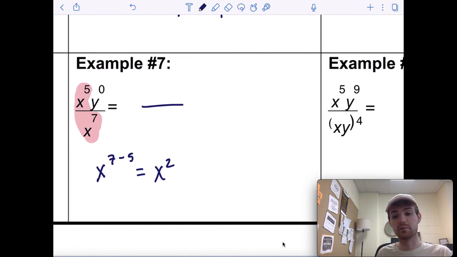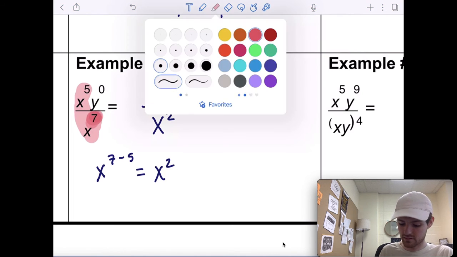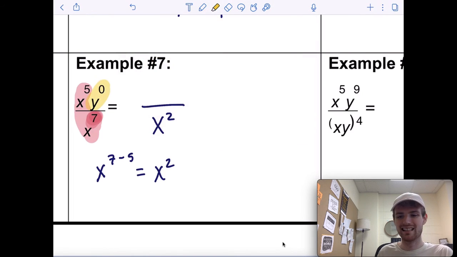Will it go in the top or bottom of a fraction? You should put it in the bottom because 7 is bigger than 5. Now let's look at our next base. It's y to the 0, which is just going to become 1. That's our answer.